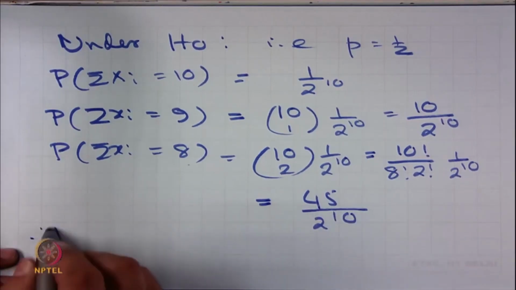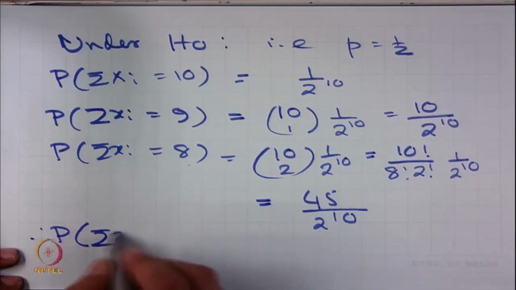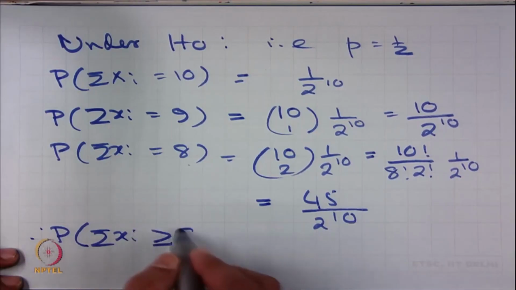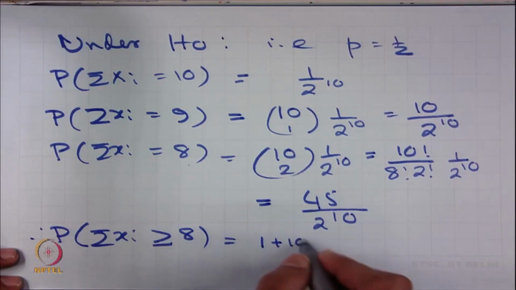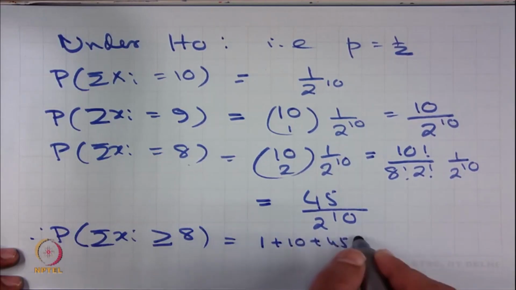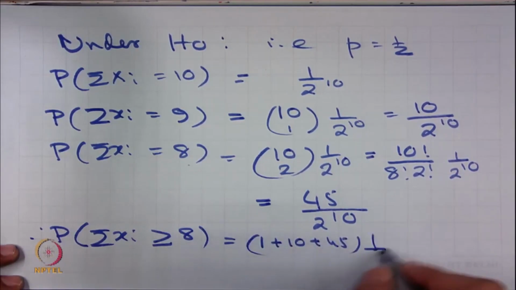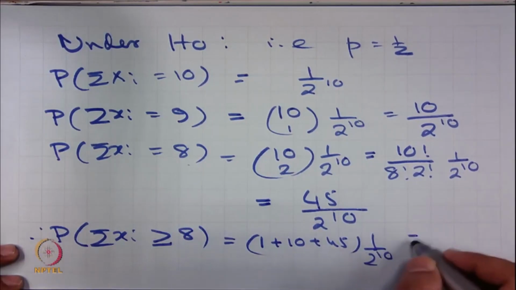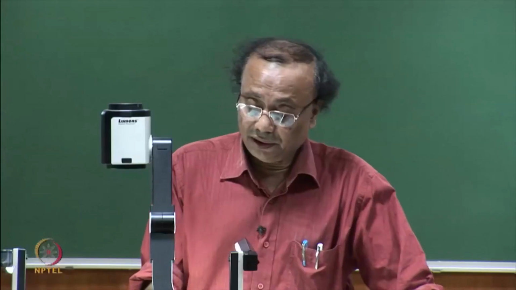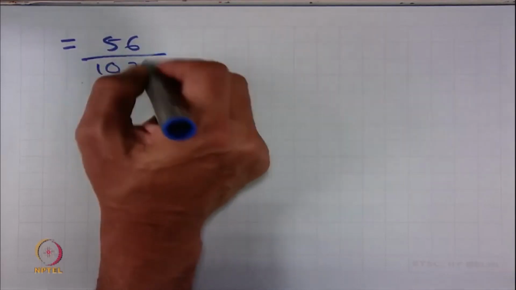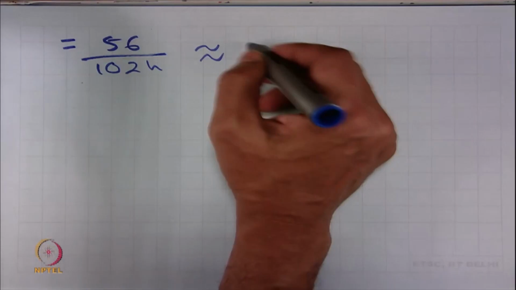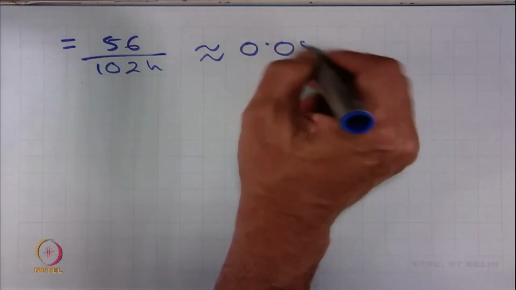Therefore, probability sigma xi greater than or equal to 8 is equal to (1 plus 10 plus 45) into half to the power 10, which is 56 upon 1024, roughly equal to 0.05.